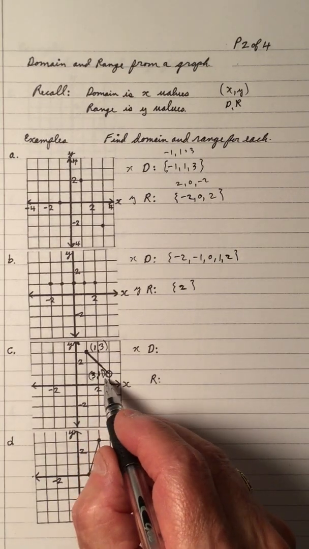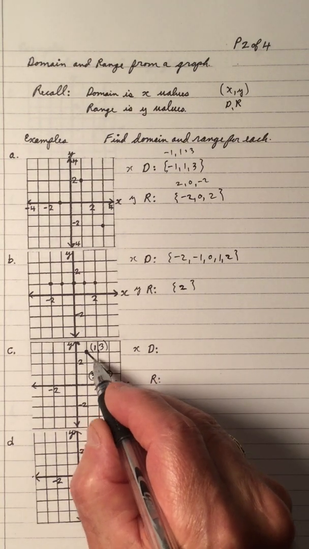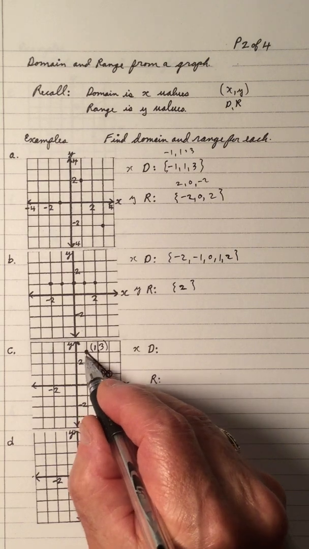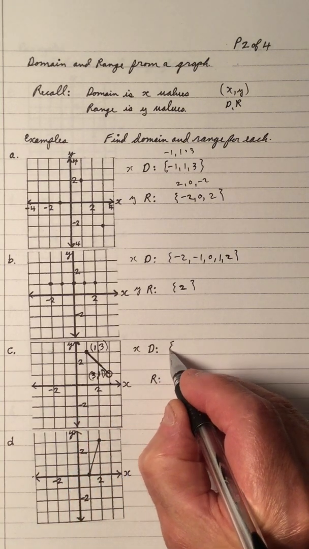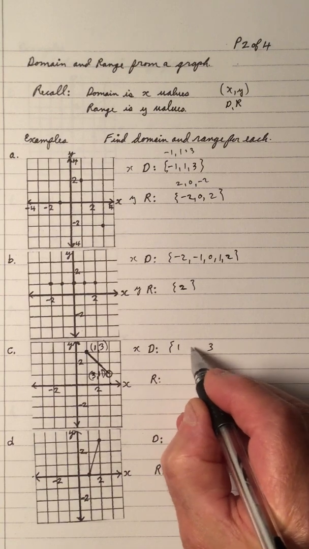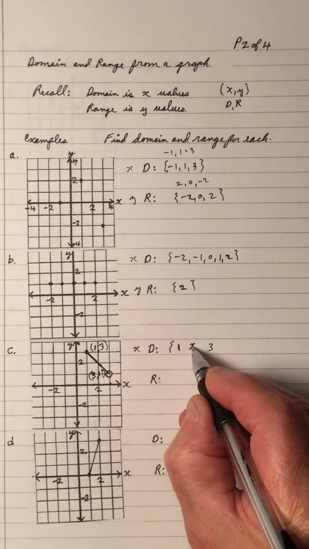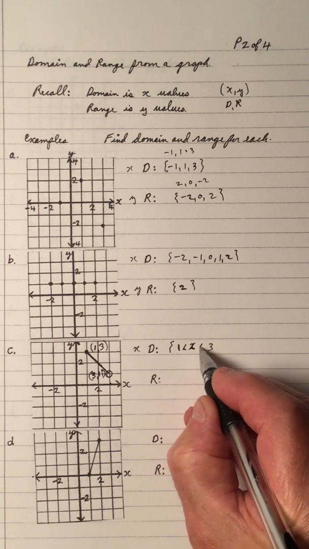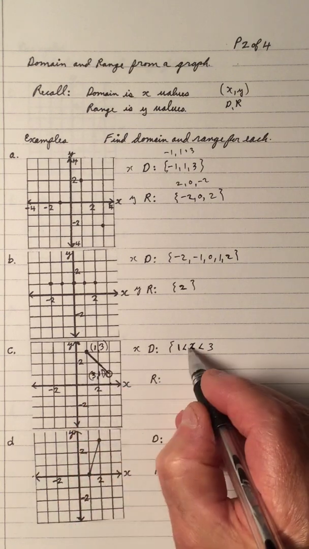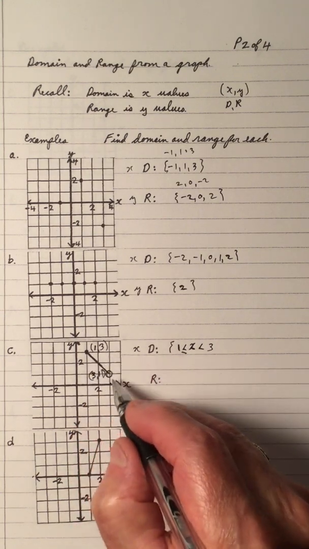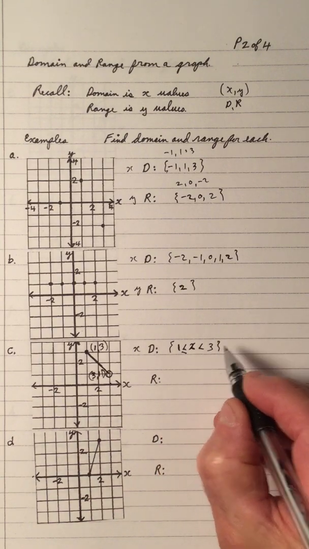So the domain are the x values. The x values go from 1 right here to 3 right there. So 1 is less than or equal to x, less than 3. And the 1 is included because of the solid dot, and the 3 is not included because of the hollow dot.